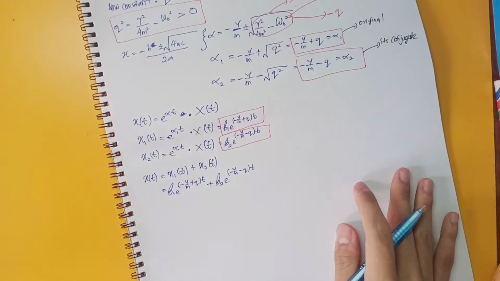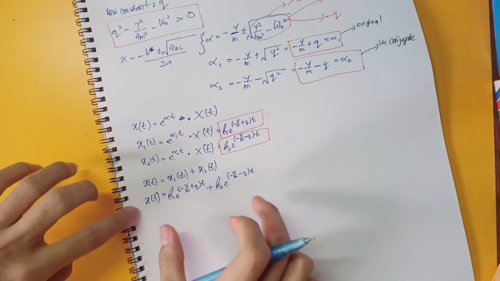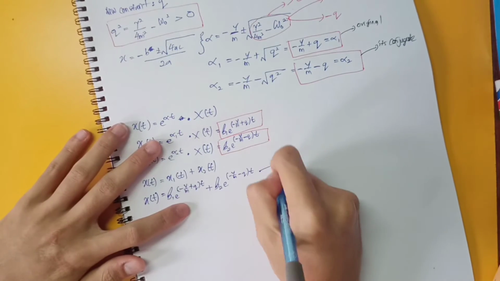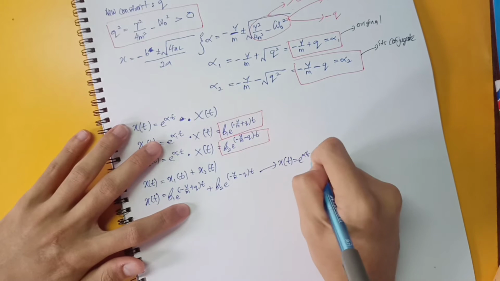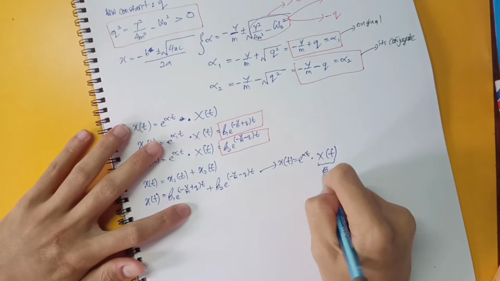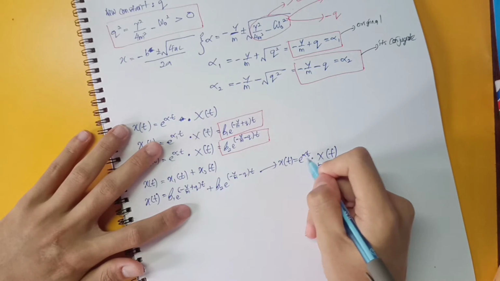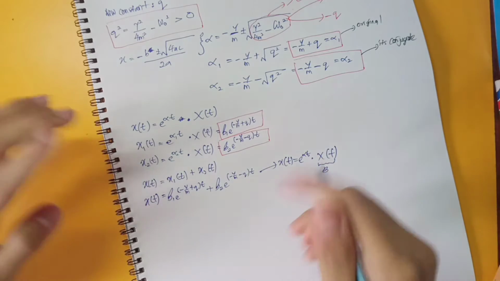Okay. Right now, I want to make a form that resembles this one: Xe is equal to exponential power of alpha t times with the xe, right? So we know that xe is equal to b, and exponential alpha t we have to factorize.